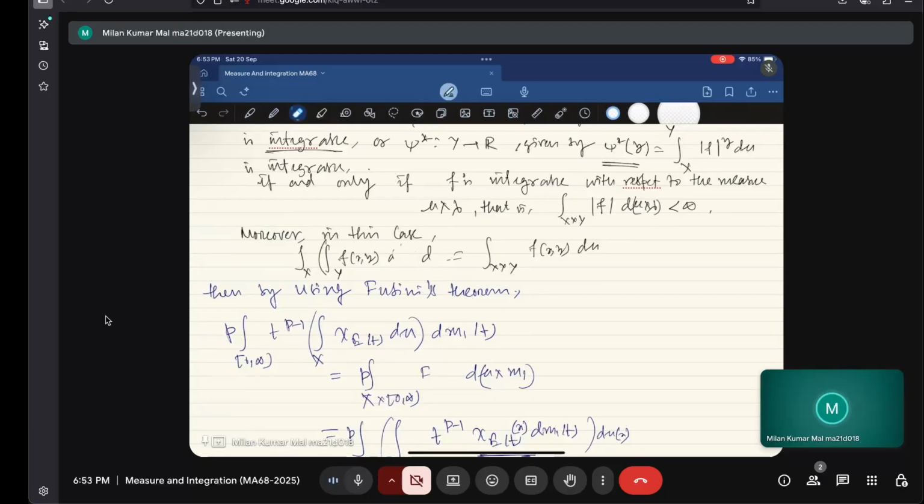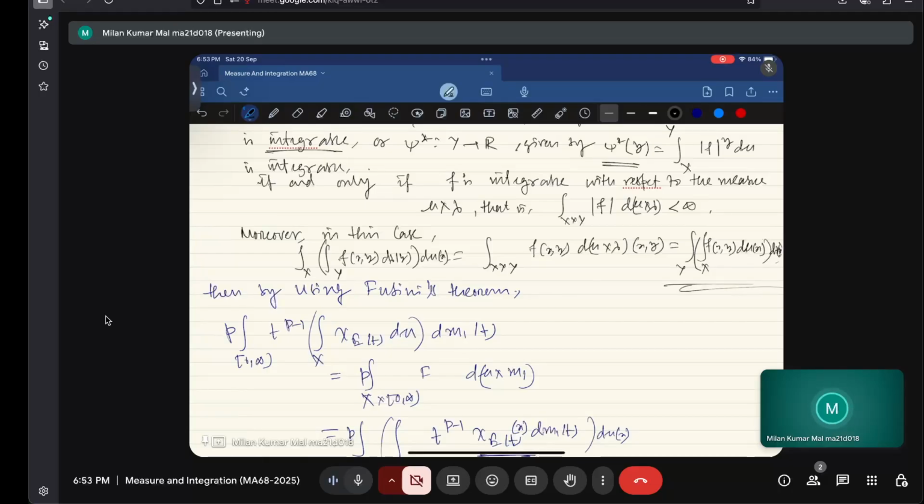This is d lambda basically. This can also be written with the integral over y first. This interchange is possible. So this is Fubini's theorem.